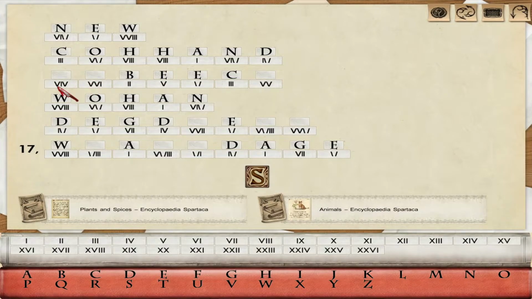So that would be 19. Where's the 19? Here. And 21. Where's the 21? There. And 20.